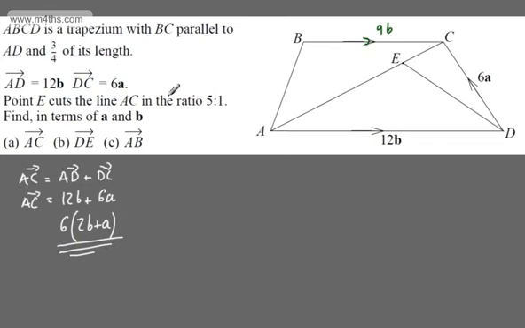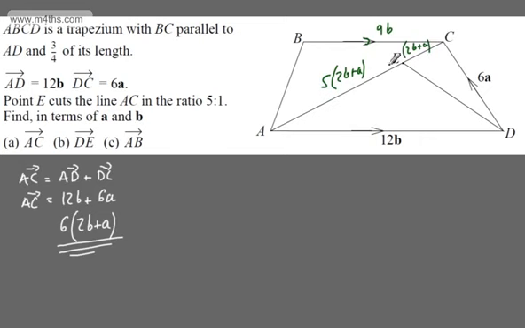Okay, now point E cuts the line AC in the ratio of 5:1. What we want to find now is DE. So to begin with, I'm going to look at AE and EC. If I do that, I know that this cuts it into 6 parts. Therefore, the vector AE is going to be 5 lots of 2b plus a, and EC is going to be 1 lot of 2b plus a.